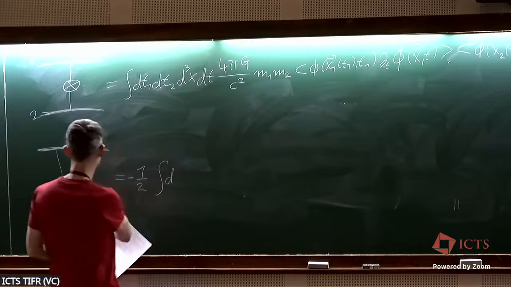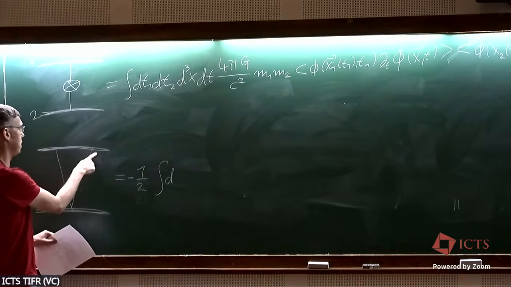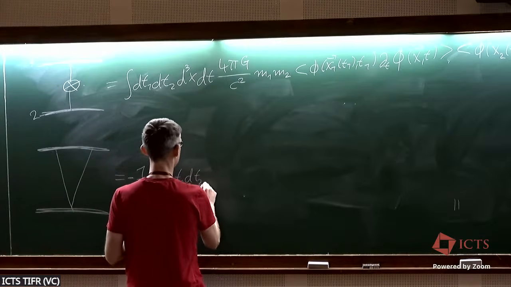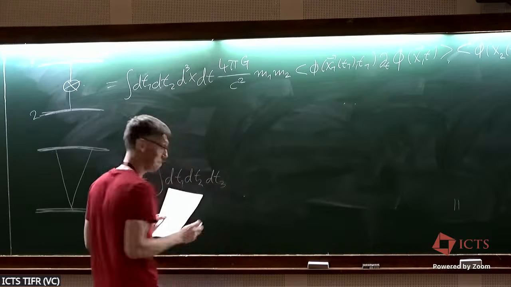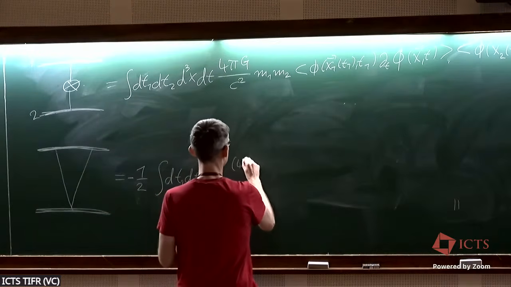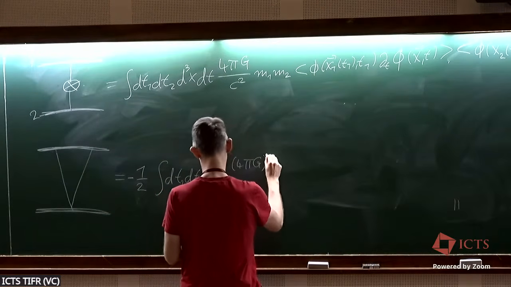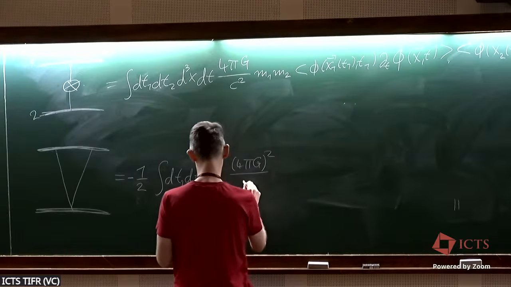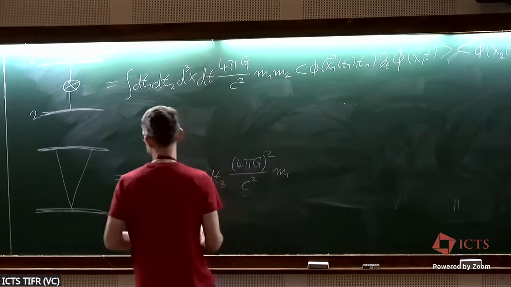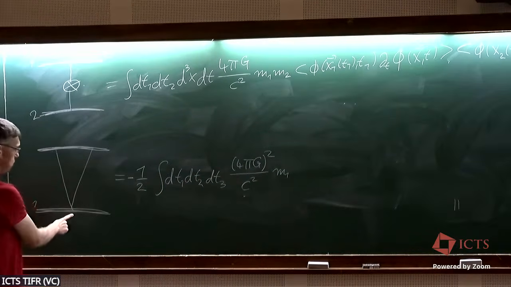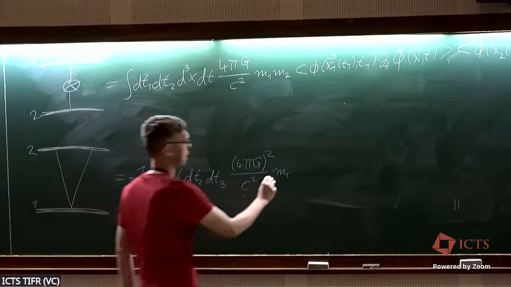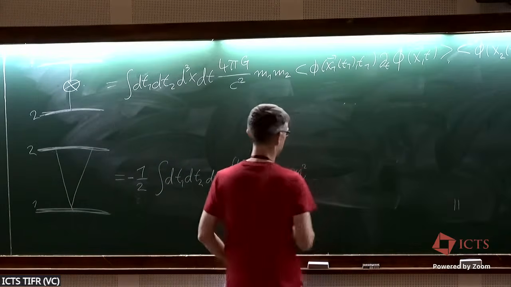Now we have, again, 3 integrals because we have 3 worldline vertices. So we have dt1, dt2, dt3, right? We have to include all the prefactors from the worldline rules, which would give a 4 pi G squared divided by c squared. Then we have a factor m1 from the vertex below, and we have 2 vertices on the second worldline, so this gives an m2 squared, right?